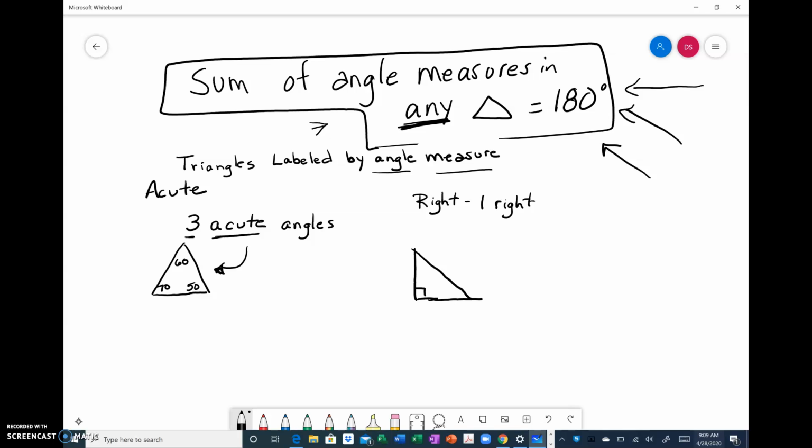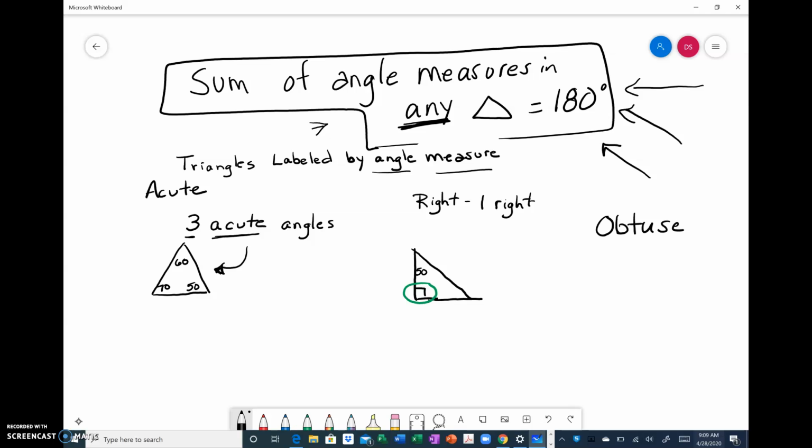So this is an example of a right angle, and as I've mentioned before, they will always show you 90 degrees with the little squarish thing. And then the last type is obtuse, and you should know what an obtuse angle is.